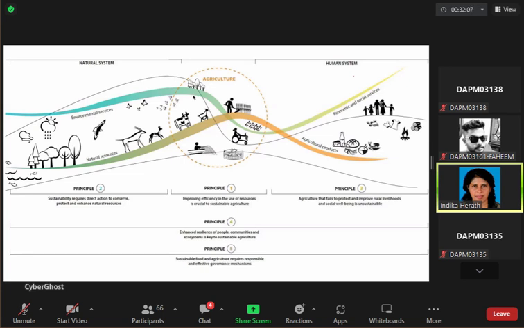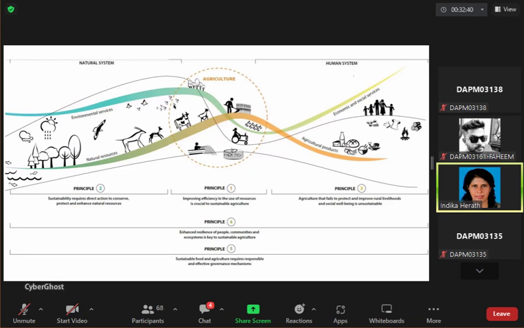Right? So the environment will change because of those changes, right? So when it comes to agriculture, we have the natural system, the environmental services, natural services. But when we do agriculture, it is pretty much an integration of human system and natural system. It is an intermediate process, right?